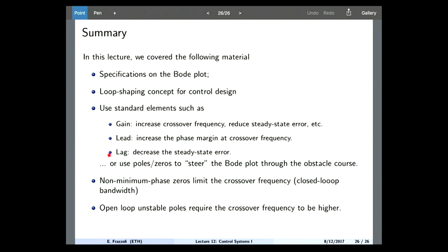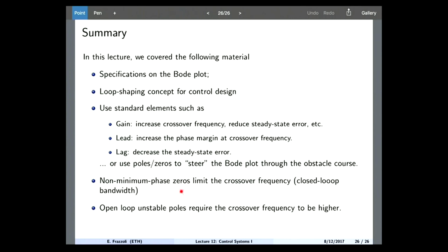The way you do it is just make sure that you put the zero of the lag to the left of crossover, and then put the pole sufficiently far away that you get however big of a boost you want at low frequencies, okay? You can do that or just do it by hand by steering to the left and right the loop transfer function, okay?